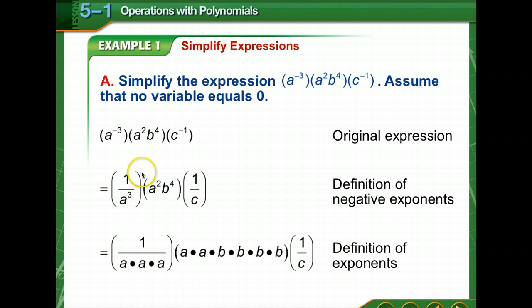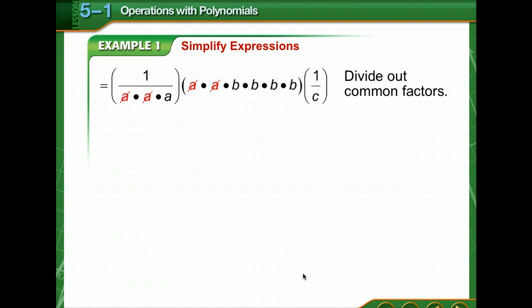This is the same thing as 1 over a times a times a. This one has 2 a's and 4 b's. And this one, 1 over c. We divide out any common factors and simplify. So our answer is b to the 4th over ac.